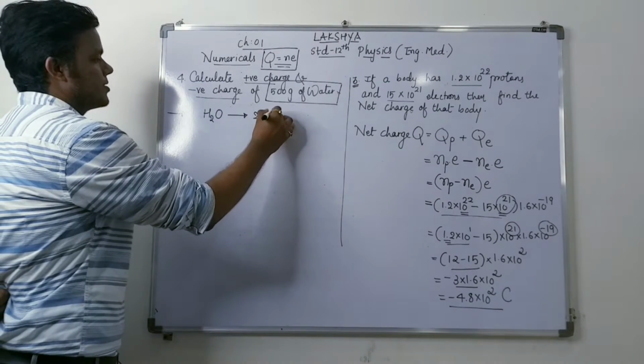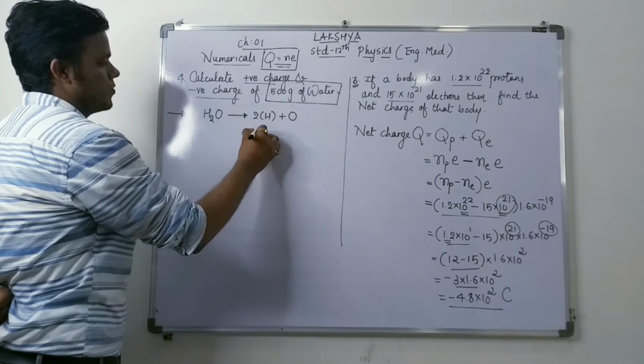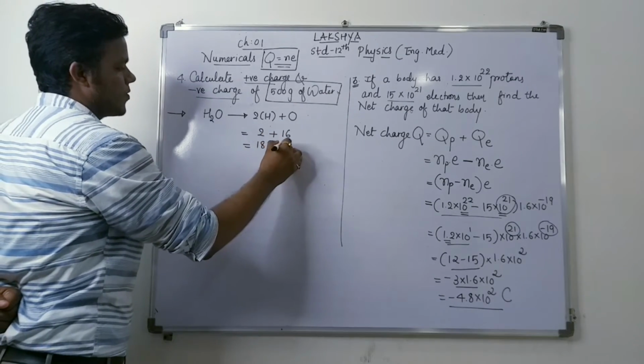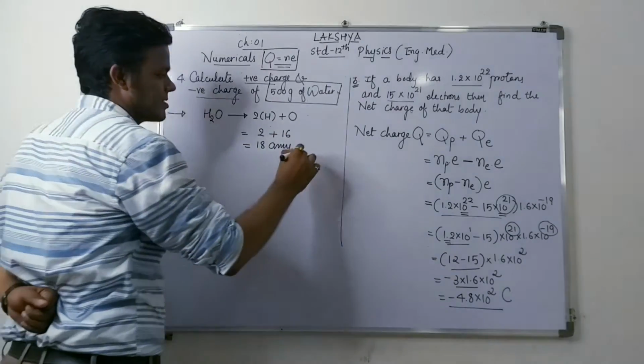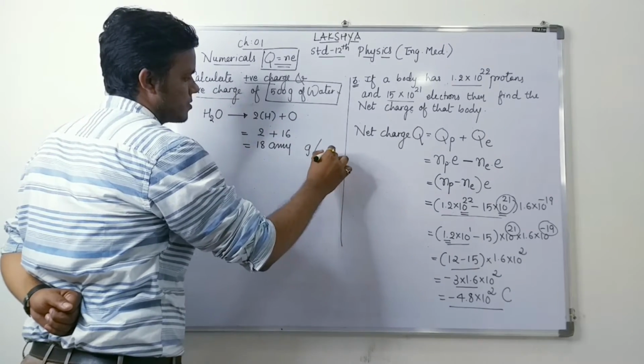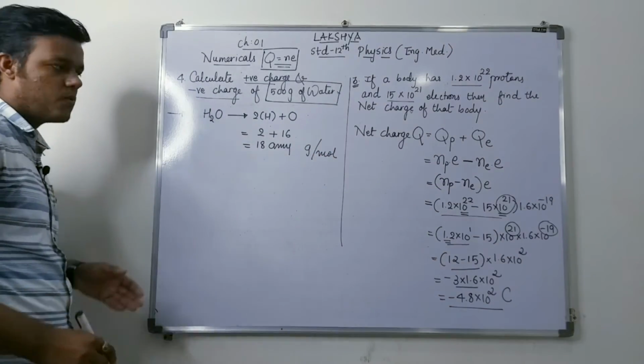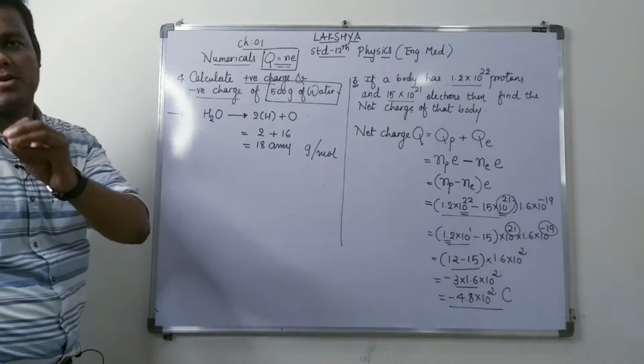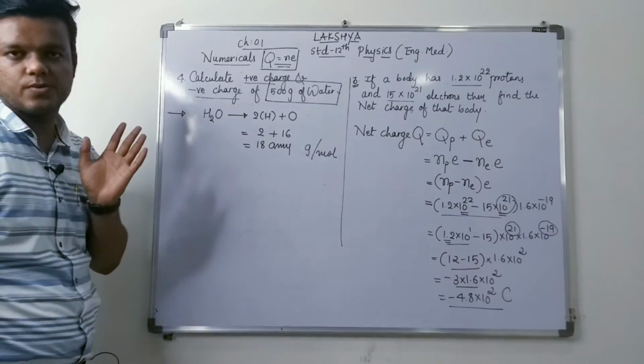To calculate that, we will have to calculate first of all the molecular mass of water, H2O. 2 into H plus O, which is 2 plus 16, 18 AMU, or we can say gram per mole. So if you have 18 gram of water, then you can say that you have 1 mole of H2O.